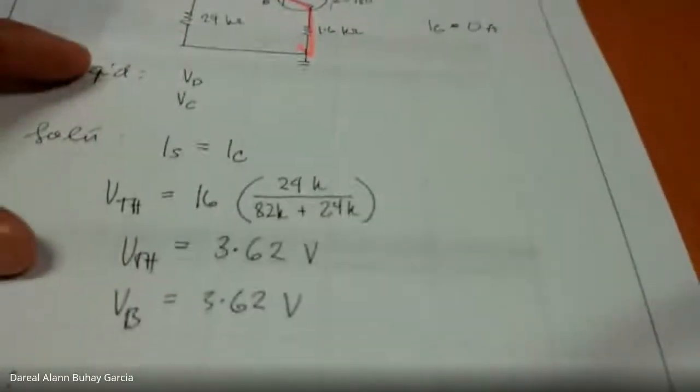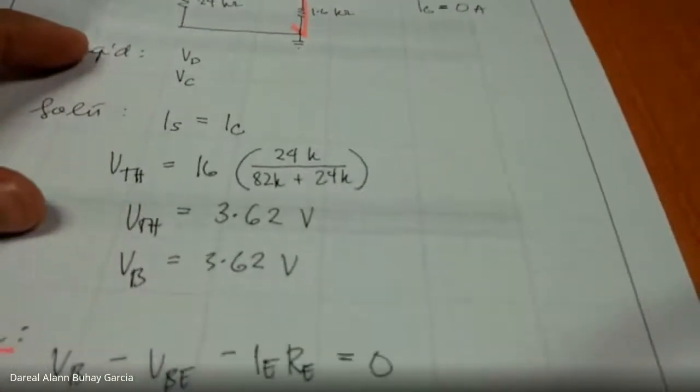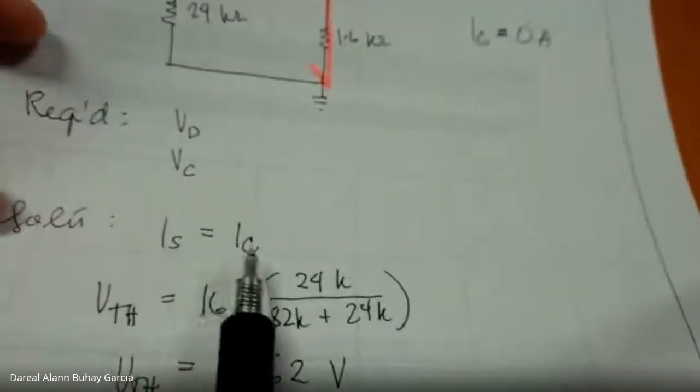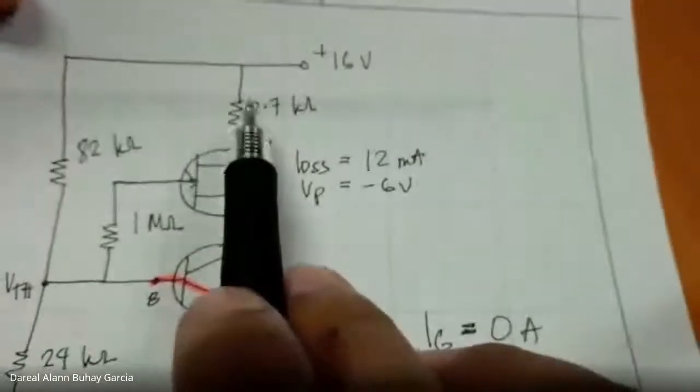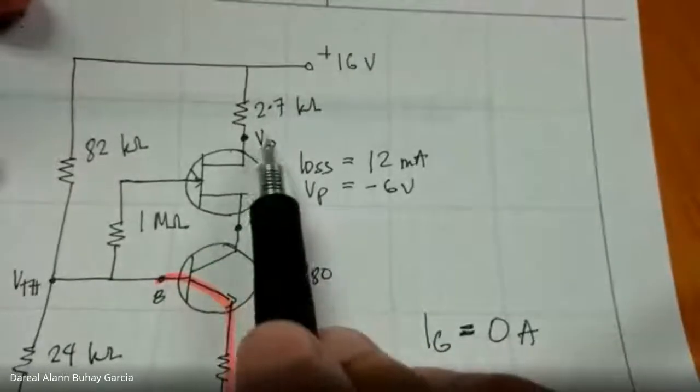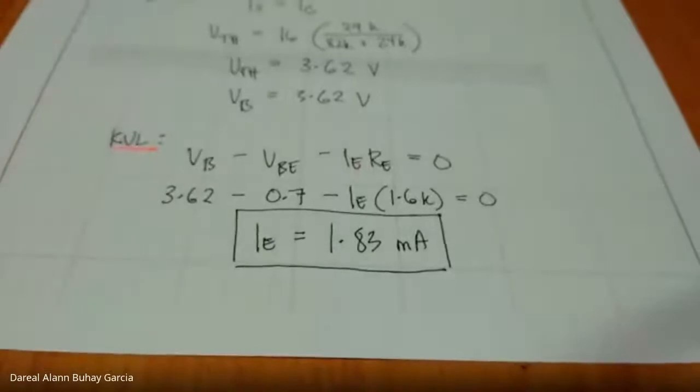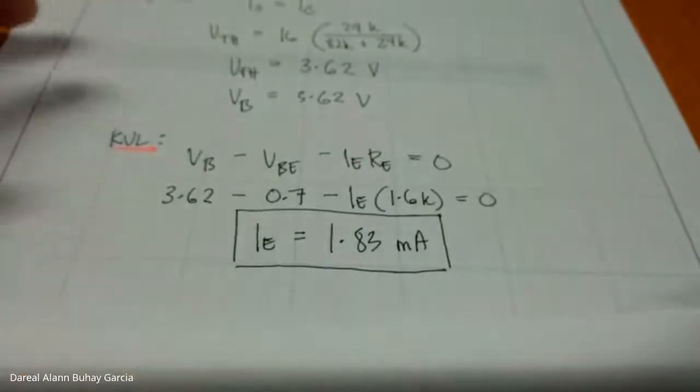Kung si IC ug IB. If makuha si IC, makuha si IS. If makuha si IS, makuha si ID. If makuha si ID, makuha na si VD. Connect na dayon. So, IE is 1.83 milliamperes, meaning, na ba yung relationship si IE ug IC?